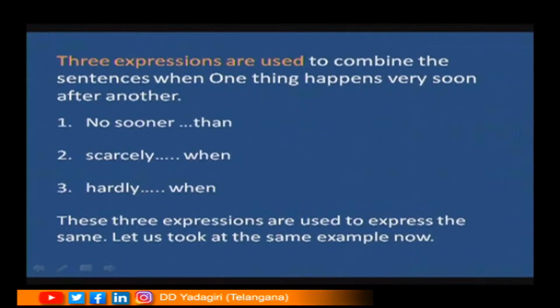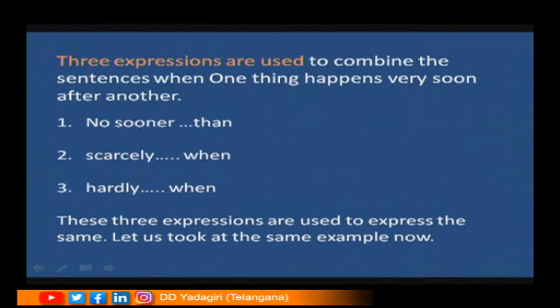Three expressions are used to combine the sentences when one thing happens very soon after another. 1. No sooner than. 2. Scarcely when. 3. Hardly when. These three expressions are used to express the same idea.